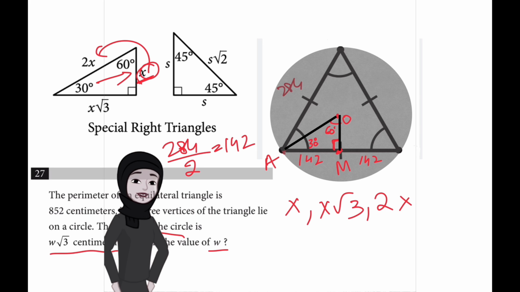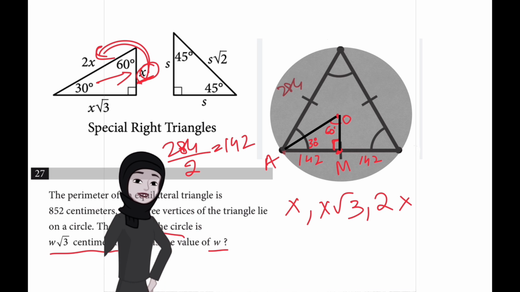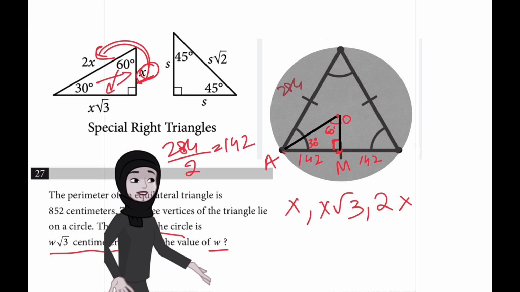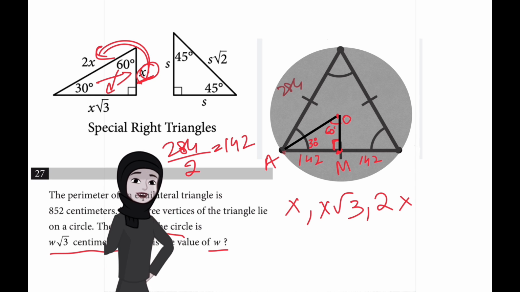If x is the side opposite to 30 degrees, double of that will be the length of the hypotenuse. And the 60 degrees has another relationship: you multiply x with root 3. So AM is root 3 times the length of side MO, and it's given that AO is w root 3.